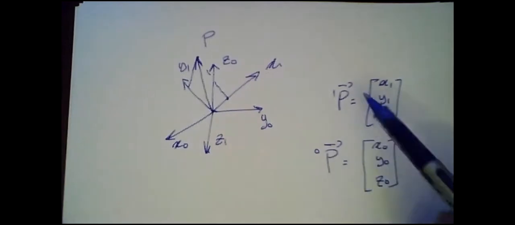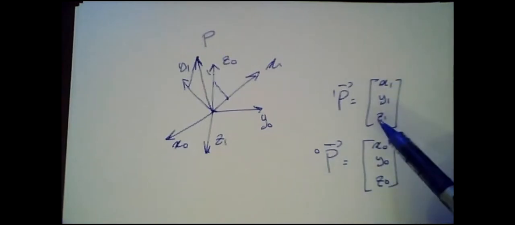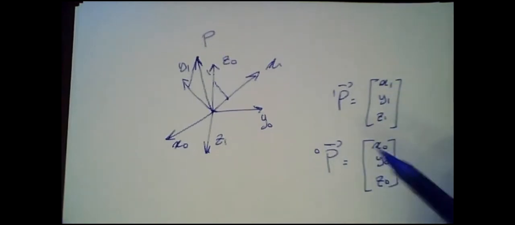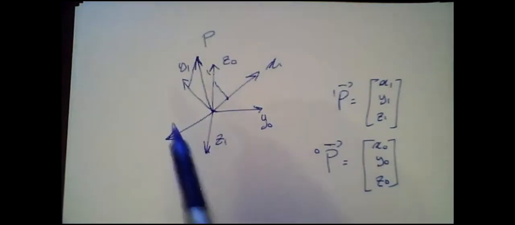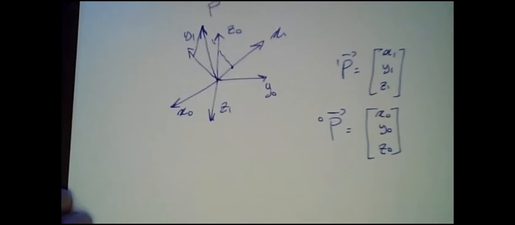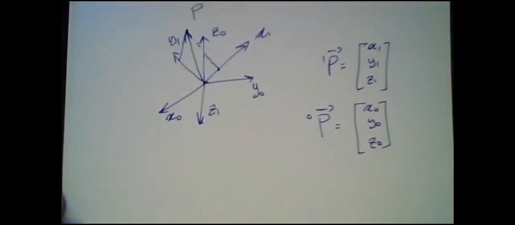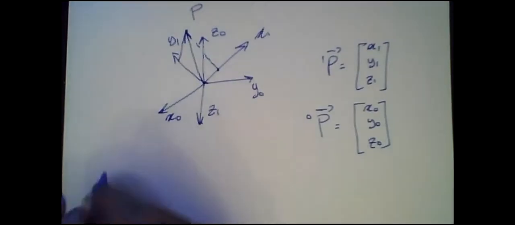So now, how can I get the actual relationship, or how can I get the transformations? Given x1, y1, z1, I should be able to calculate x0, y0, z0 based on the rotational transformation that exists here. Let us begin by doing this. I'm going to begin by writing the vector P1 in frame one.